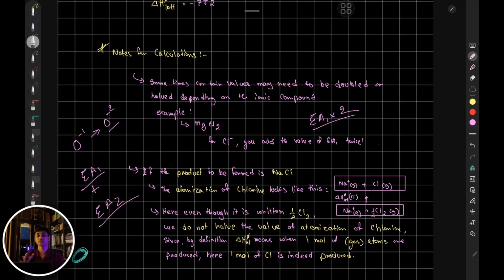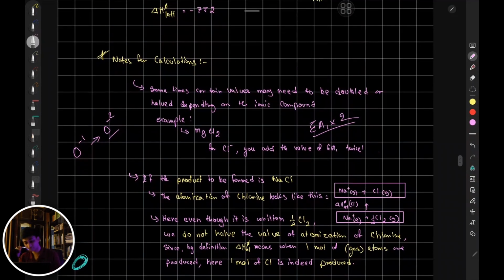So be careful and be logical. If it is two separate chloride ions, you multiply Ea1, electron affinity 1, with 2. If it is a charge of -2 or a charge of +2, you add the successive electron affinities or ionization energy.